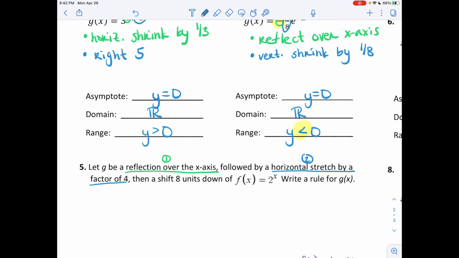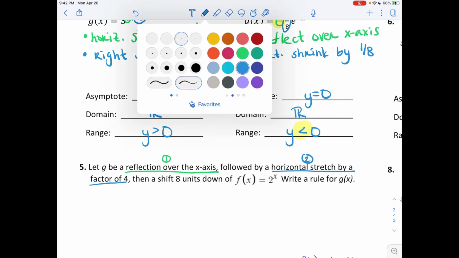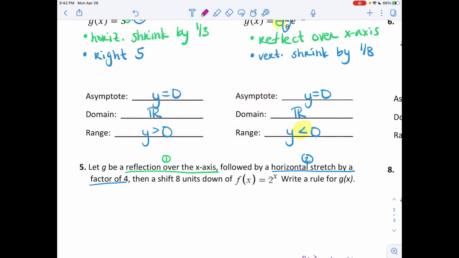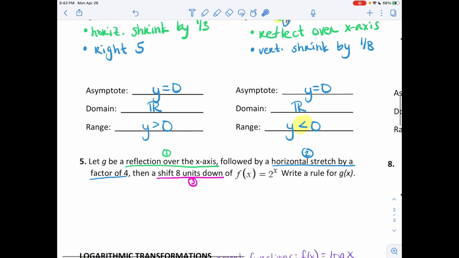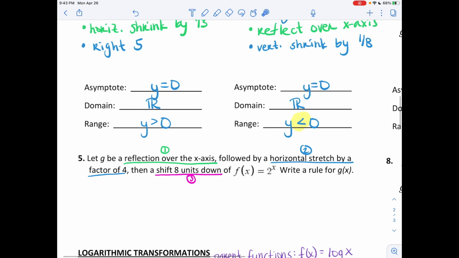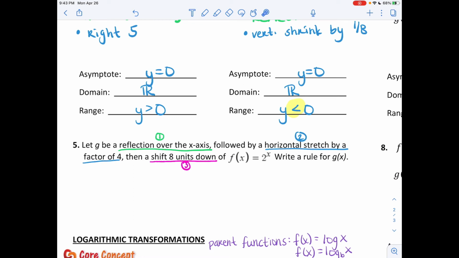I'll call that transformation 2. And then finally, we have a shift 8 units down. So this will be transformation number 3. And here's what we're starting with. We're starting with f of x is equal to 2 raised to the x power, and we want to write the rule for g.